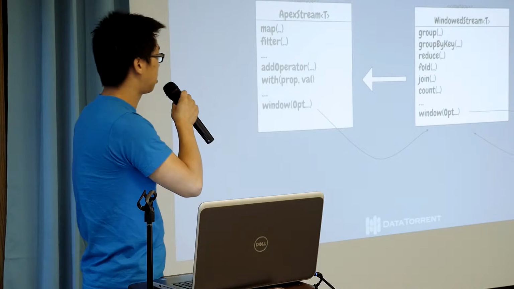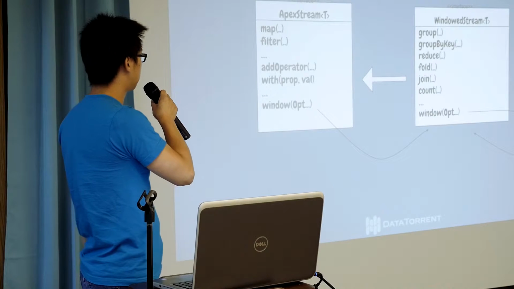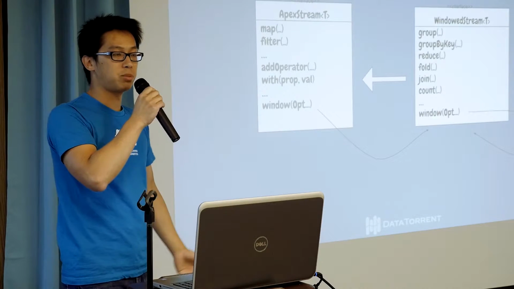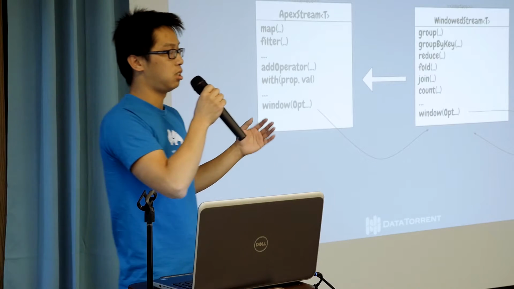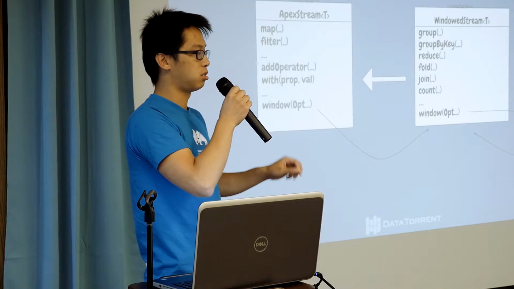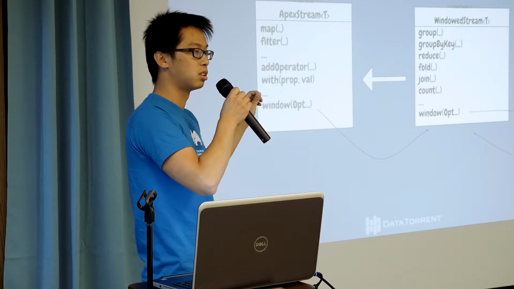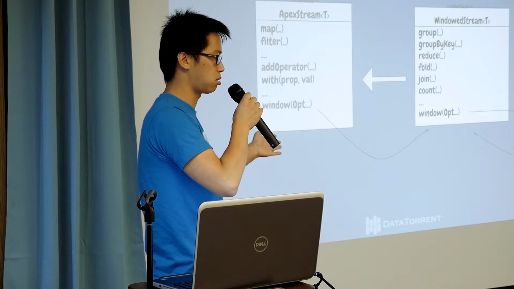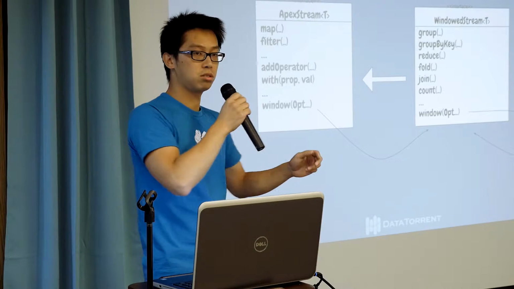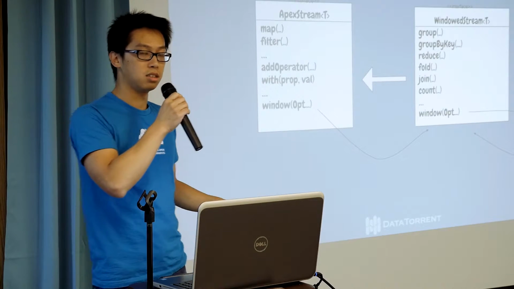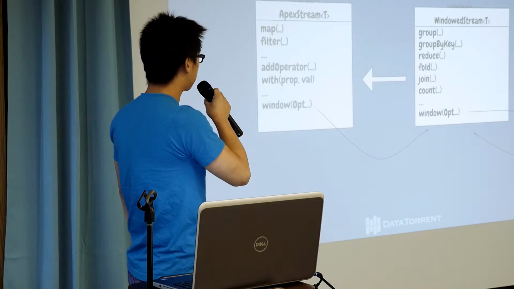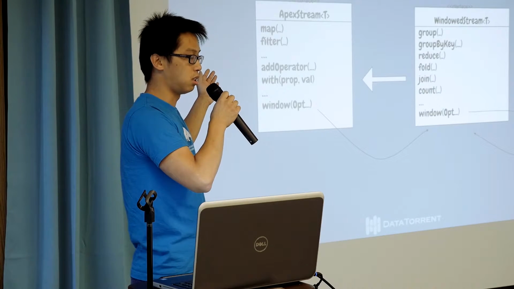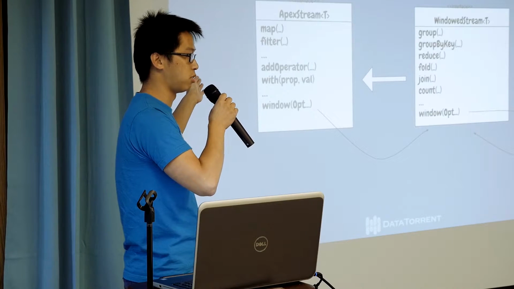For stateless transformations, for example map, filter or flat map, each individual output only depends on each individual input, right? So for the operator to do that compute logic, you don't need to keep any state in that operator. So here comes the ApexStream, which does only the stateless transformation.